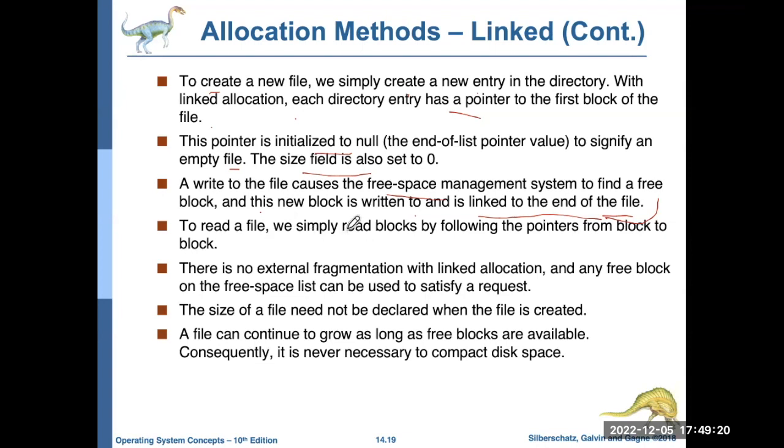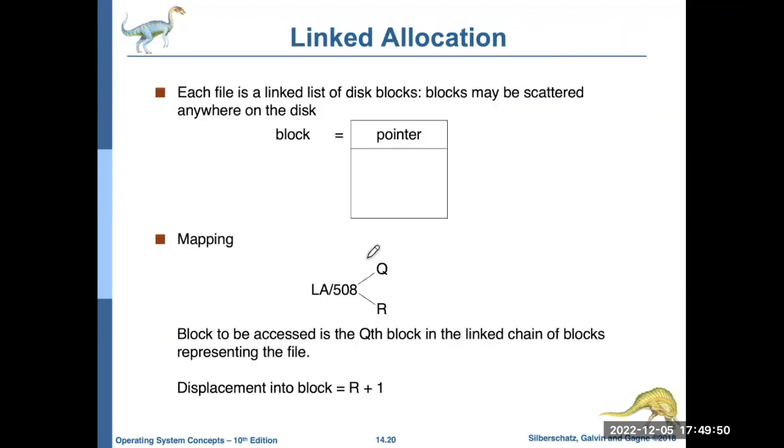To read the file, we simply read the blocks by following the pointers from block to block. So there is no external fragmentation, and the size of the file need not be declared when the file is created. A file can continue to grow as long as free blocks are available, and consequently, it is never necessary to compact the disk, which was the scenario in contiguous allocation. That is one of the advantages.